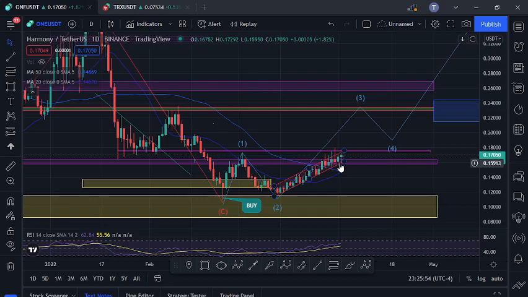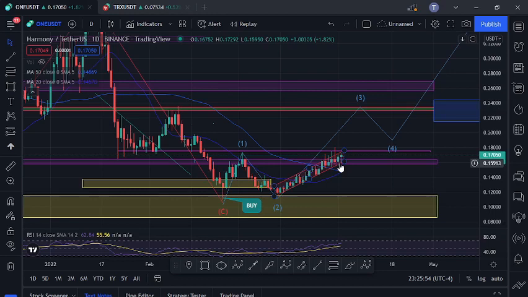So that's another key possible scenario. Once we broke above the resistance that we had at the $0.16 mark, I expected a retest of that zone, and that retest can be seen on the 4-hour chart.